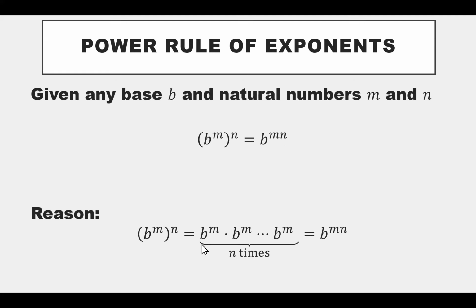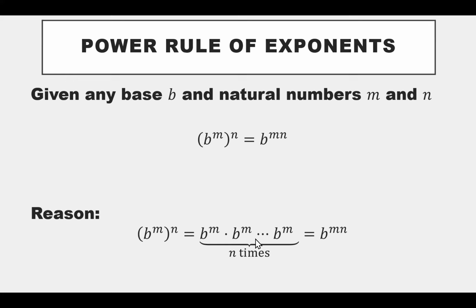Now, the reason for that is we have n copies of b to the m. And if you have n copies of something, if I do the product rule over and over and over, I get b to the m times n. So if this were 3 m's, that would be 3 times m in the exponent.